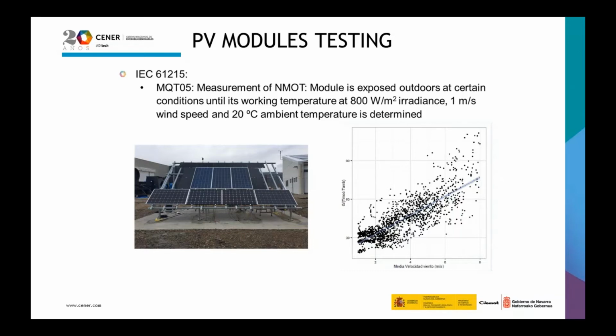The standard test conditions are very different from the real world, and in this test, what we want to determine is the real temperature at which the module will operate in the field under more realistic conditions. And therefore, this parameter is also very useful when comparing the performance of different module designs.